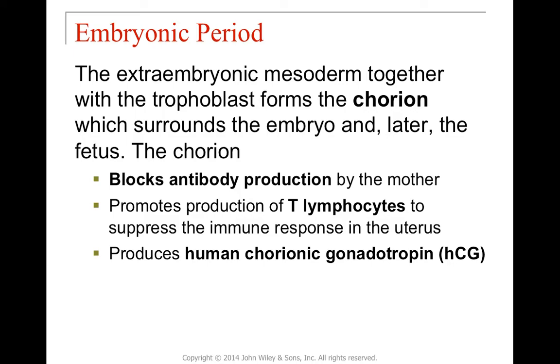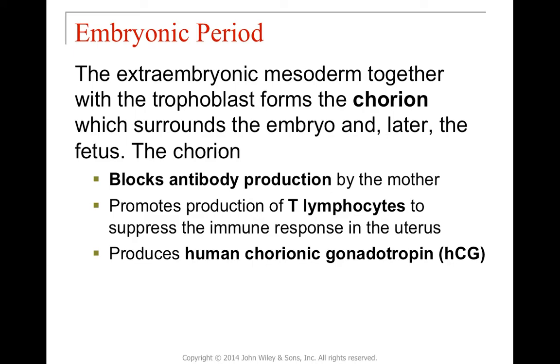The chorion serves multiple different purposes. The first thing that it does that's very important is it makes human chorionic gonadotropin. And we're going to talk a lot about hormonal regulation in a minute, but the HCG is basically what you test for in your pharmacy pregnancy tests because it is what helps sustain the pregnancy. We also are going to need the chorion to help reduce the antibody production by the mother, because the mother is now in a situation where it has foreign matter in her body.